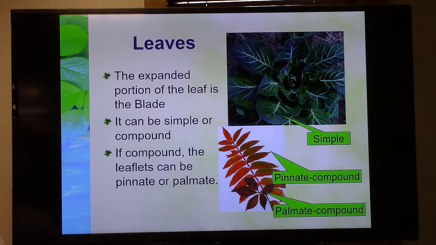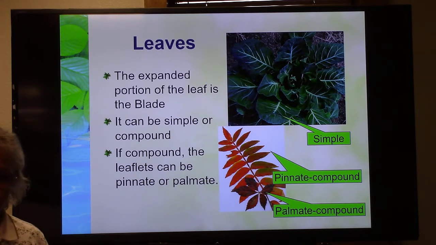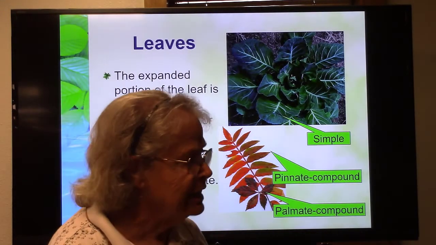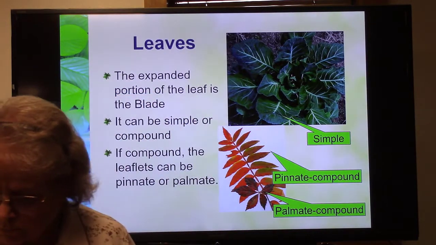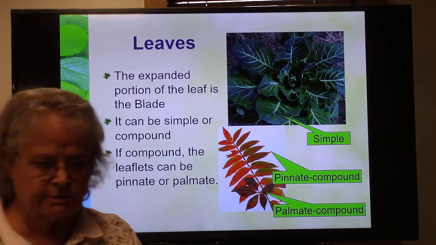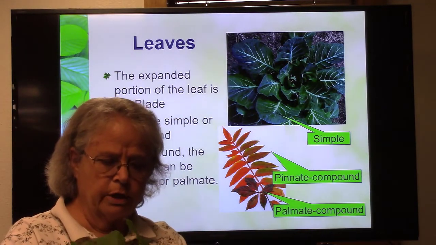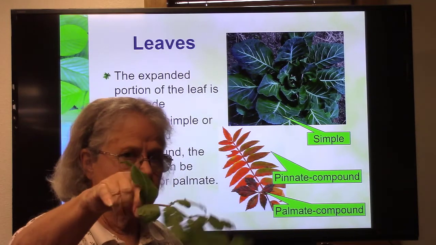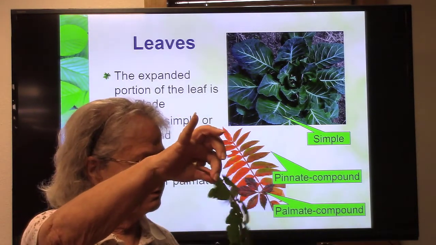That's the whole leaf. That's all there was of it. That's a simple leaf. But sometimes the blade of the leaf is divided into little parts, like this one is. All right? That's all one leaf. Right there. That's one leaf.